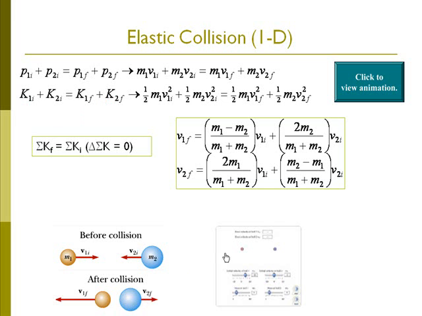The answer is only in the atomic world. For us, the very idea of a collision means that there has to be contact between two objects, or three or more.